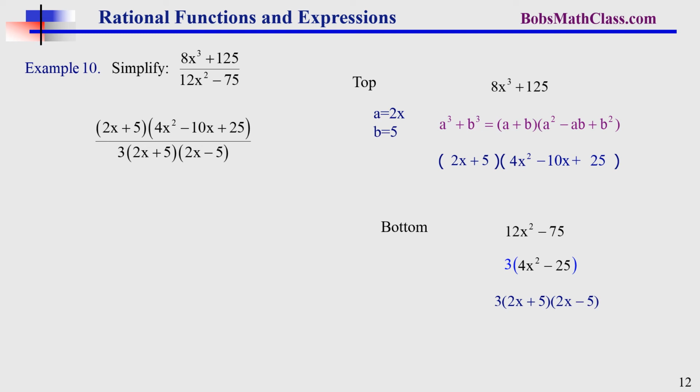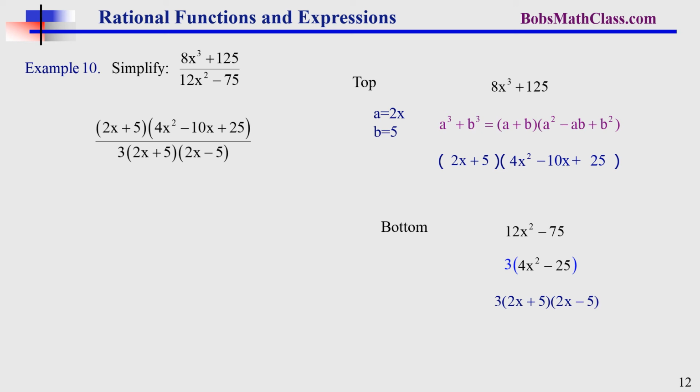Put it all together. Is there anything that we could cancel? And by the way, sometimes there's not. And then you just leave the fraction the way it was. Just like in arithmetic, if they gave you a fraction, let's say 15 over 22, and they said reduce it. Well, 15 over 22 doesn't reduce. Or if I said 4 over 9, that doesn't reduce.